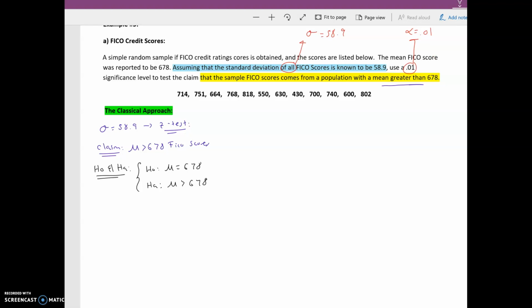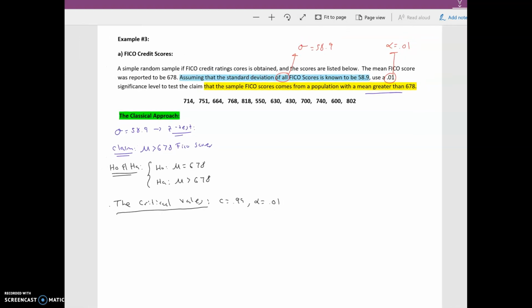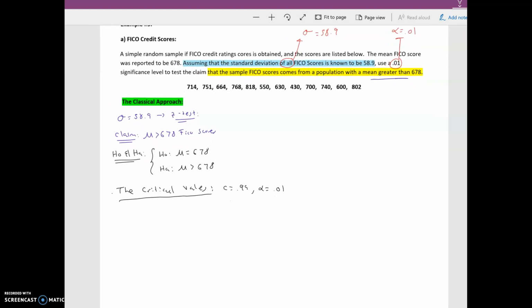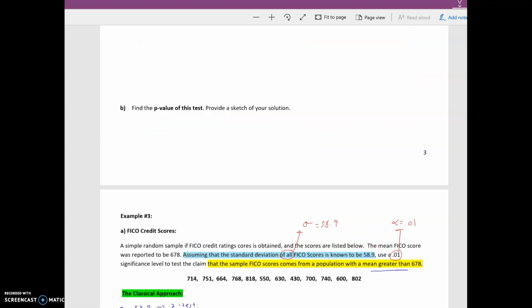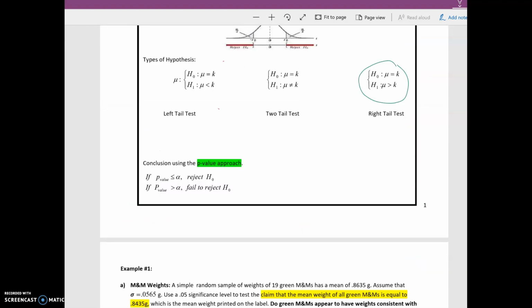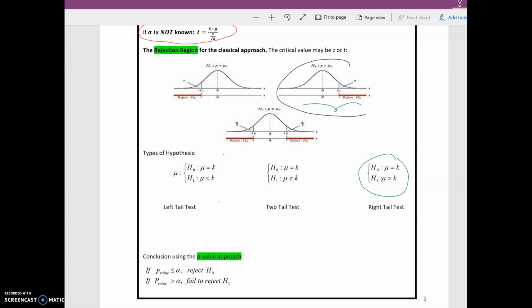In this case, the critical values. The values that we have are that C is equal to 0.99, because alpha is equal to 0.01. The most important part on this portion of the problem is that the claim is a right tail test, so the critical region is going to look like this sketch right here.